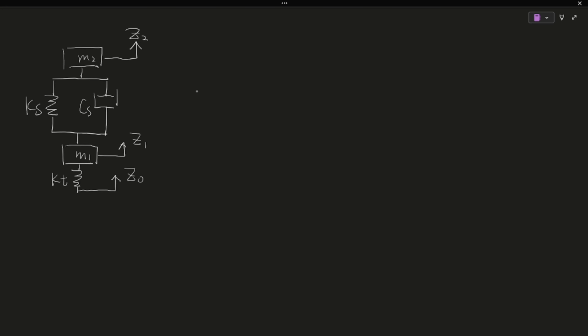Now, let's build the equations. For the sprung mass, M2 times Z2 double dot, this is the sprung mass acceleration, Z2 double dot equals Ks times (Z1 minus Z2) plus Cs times (Z1 dot minus Z2 dot).